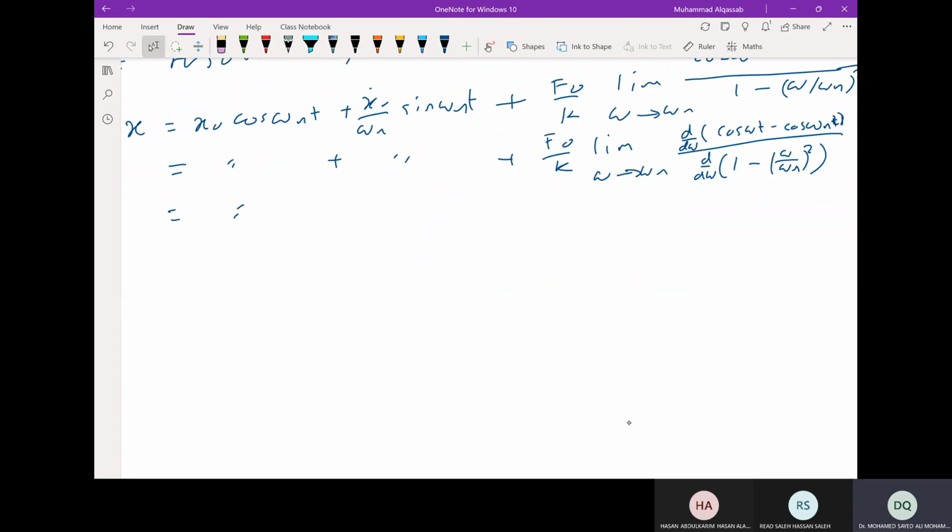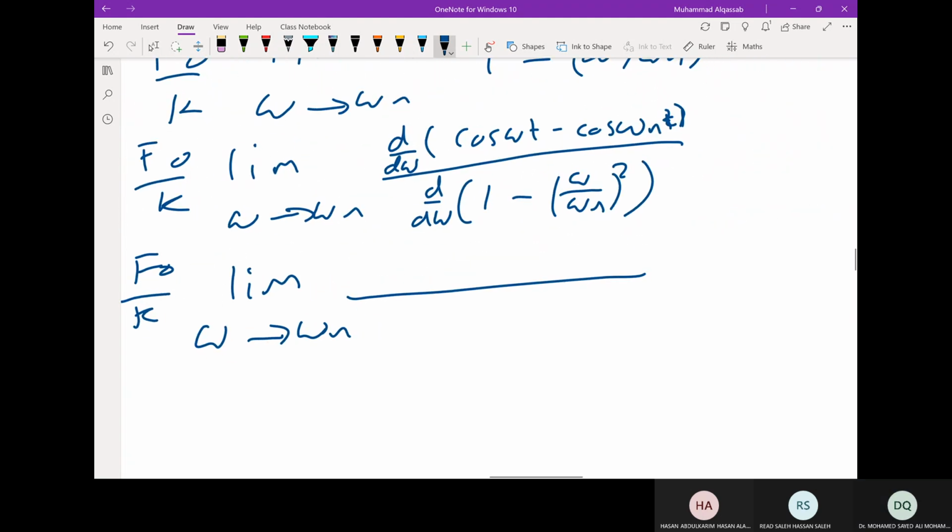Those first two terms will be the same, plus F naught over k, and the limit when omega goes to omega n. The derivative of cosine omega t with respect to omega is minus t sine omega t.